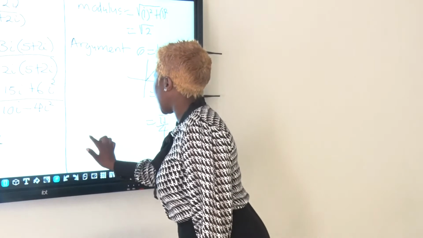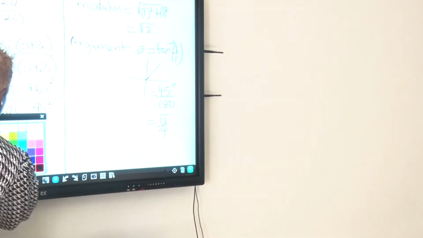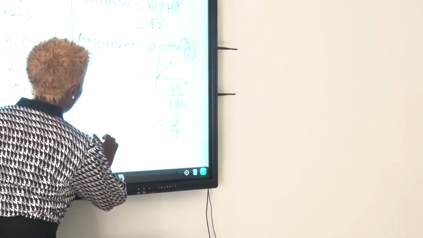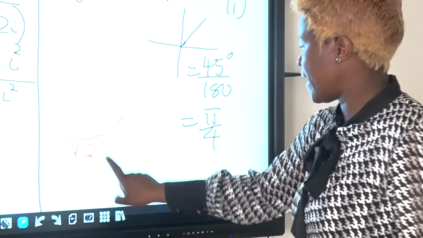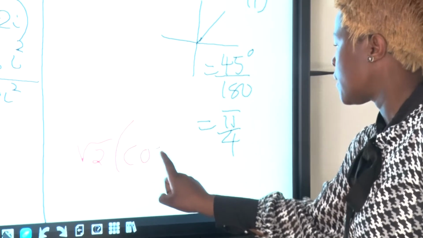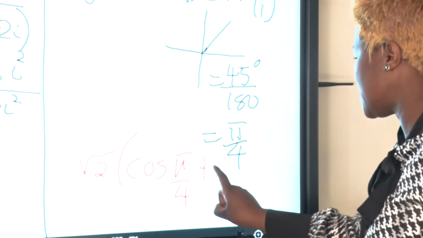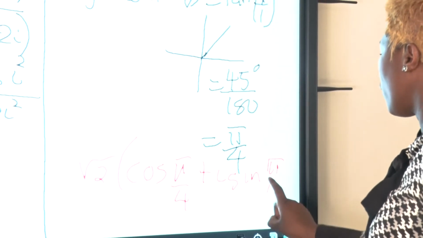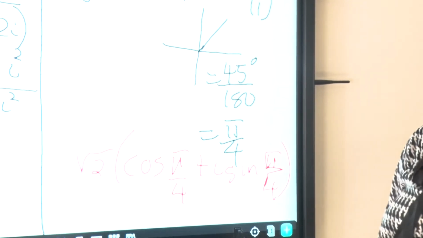So for r, it will be square root of 2 bracket cos, for theta, it's pi over 4, plus i sin, for theta again, it will be pi over 4. We have answered the question.